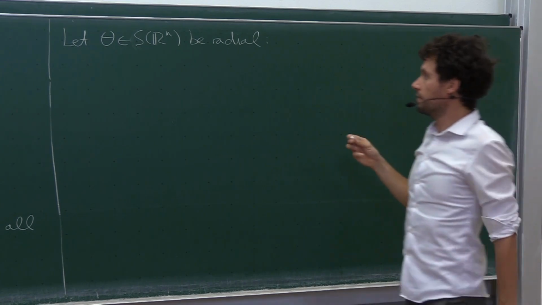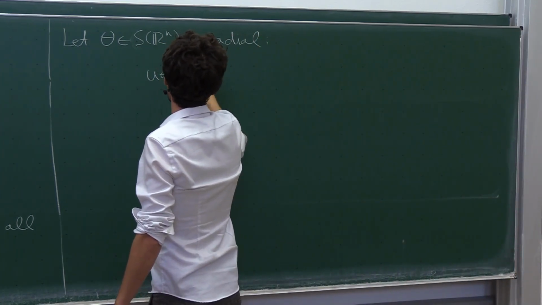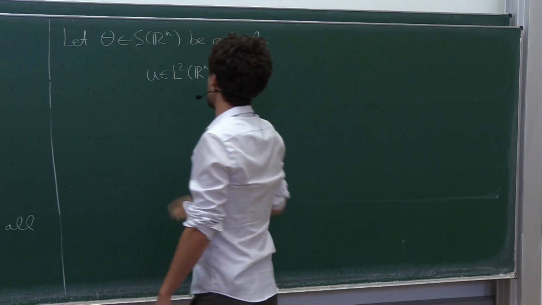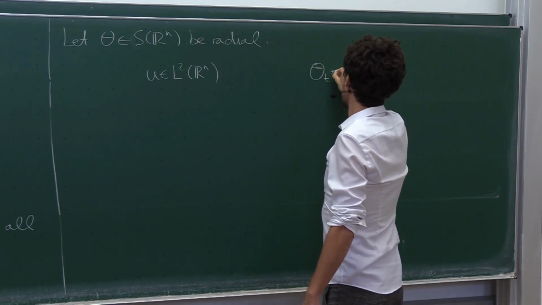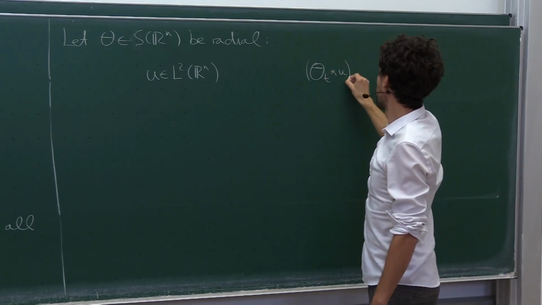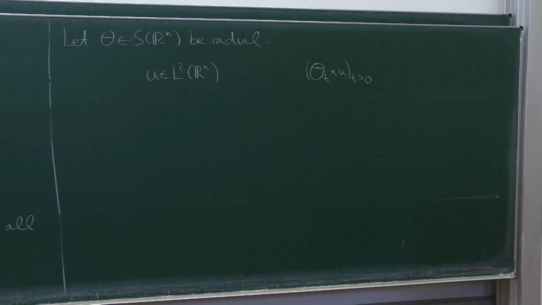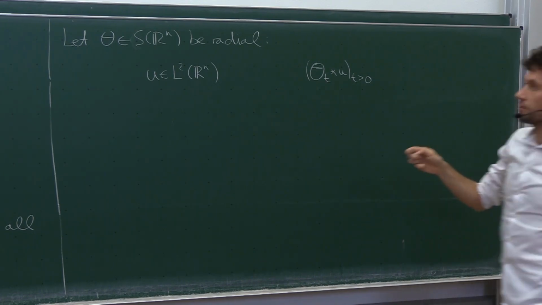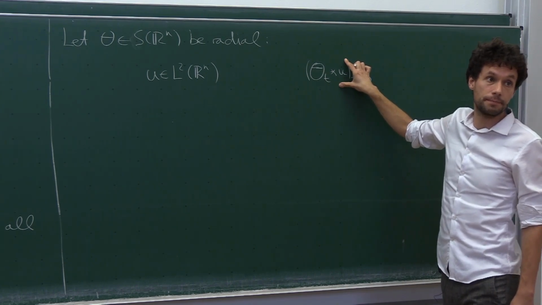Namely, you're given a function u in L2 Rn, and you study its modified versions, and these formulas give possibilities of reconstructing u from the knowledge of these modifiers.